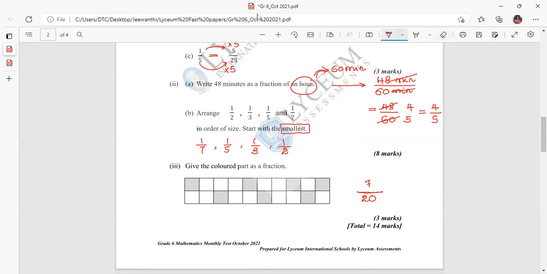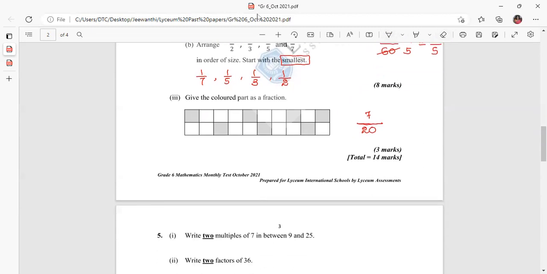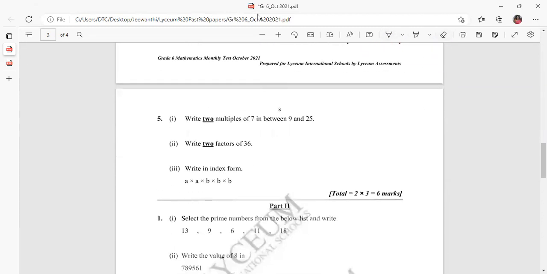So then we will move to question number 5. Multiples of 7. Now, first of all, tell me what are the multiples of 7, children? We will list it down. 7, 14, 21, 28, 35, 42, 49, 56, 63, 70, 77, 84, right?